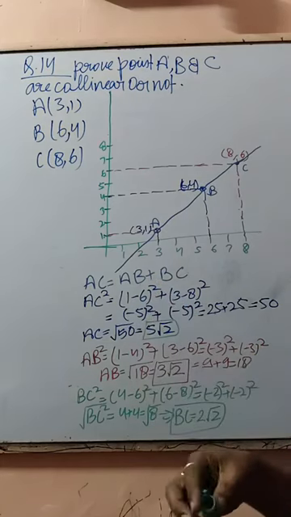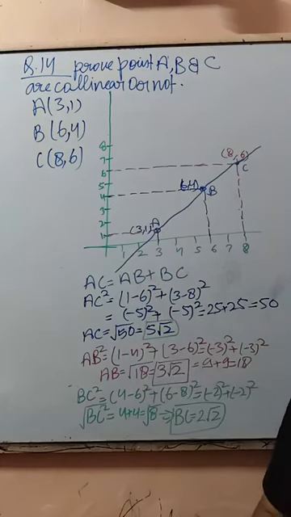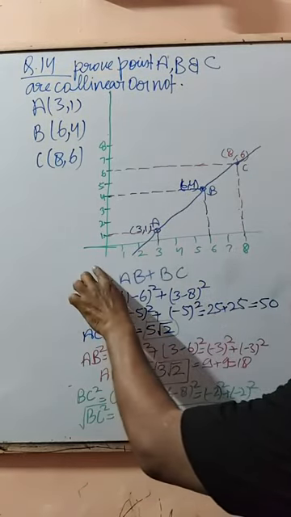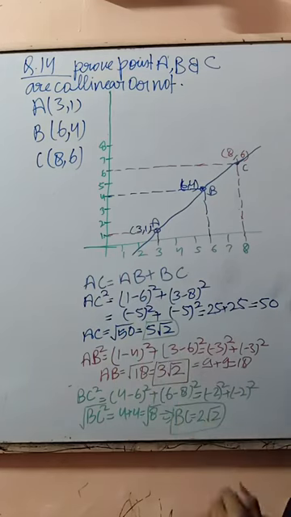And what you wrote here? AC is equal to AB plus BC.